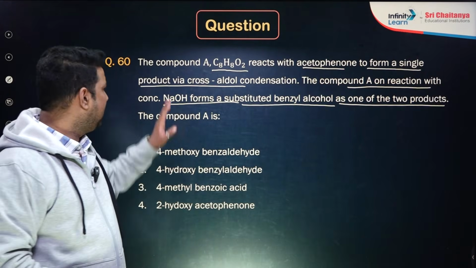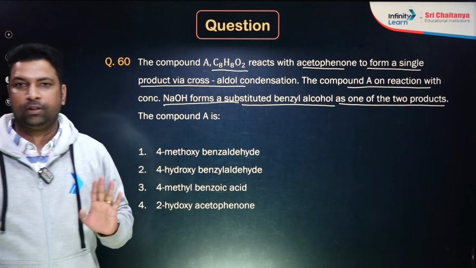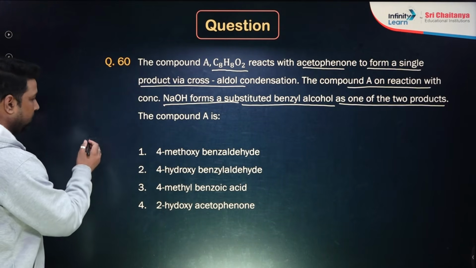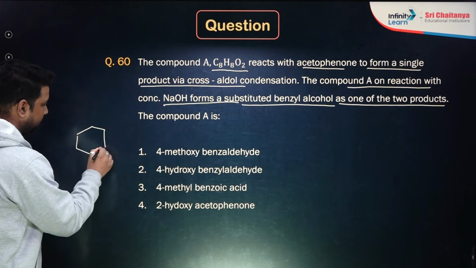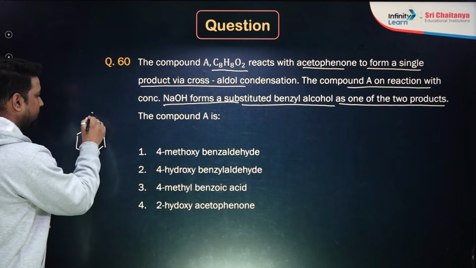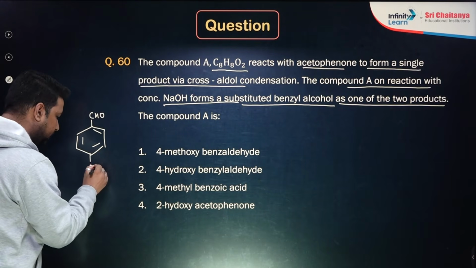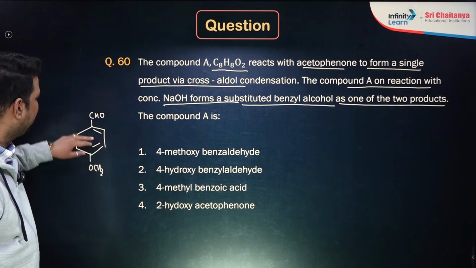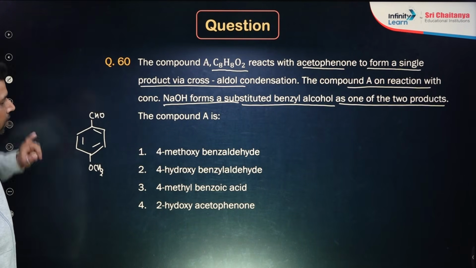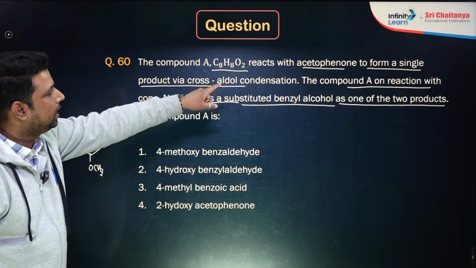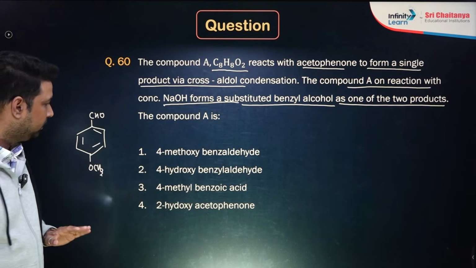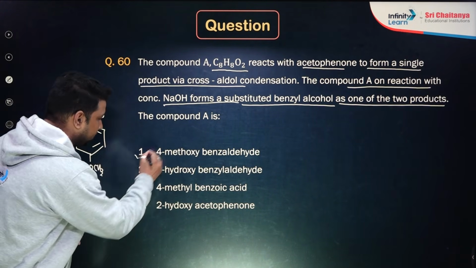Means A should not have any alpha hydrogen, and for that you can check the options also. The first option is your correct one. CHO and OCH3 is the correct one. After reaction with NaOH, it will give CH2OH. After reaction with acetophenone via cross aldol, it will give the cross product. So the right answer will be your first option.